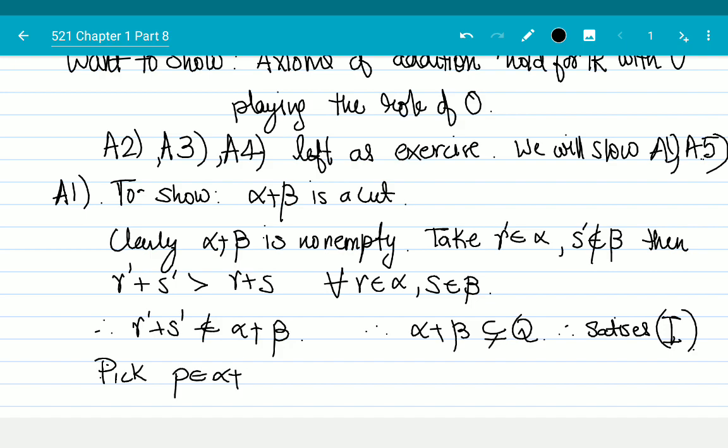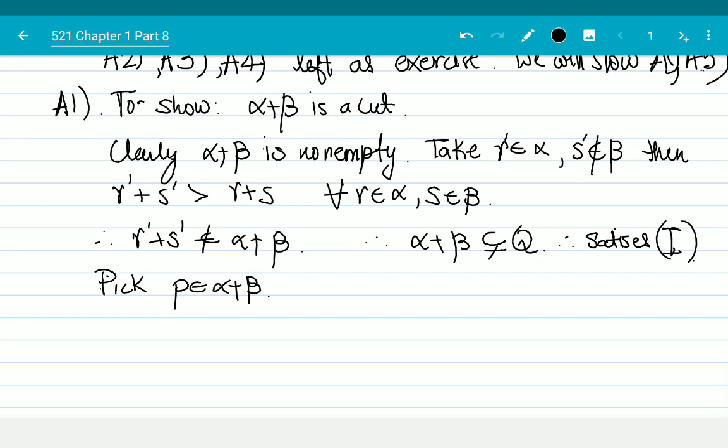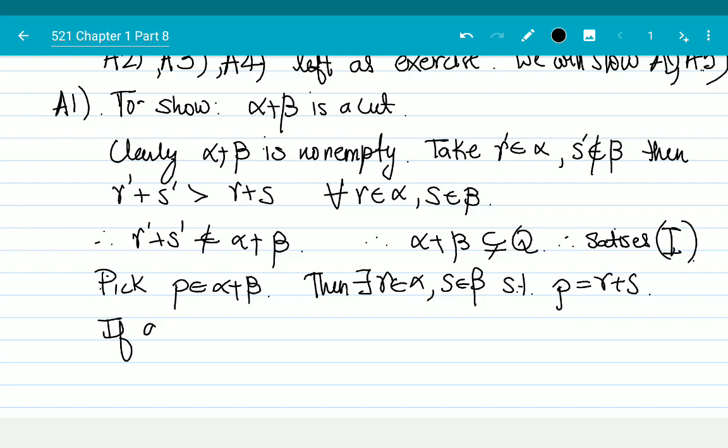For property 2 and 3, pick P in alpha plus beta, right? What does that mean? If P is in alpha plus beta, then there exists R, S, with R in alpha, S in beta, such that P is equal to R plus S. Okay. If Q is smaller than P, then Q minus S is smaller than R, right?